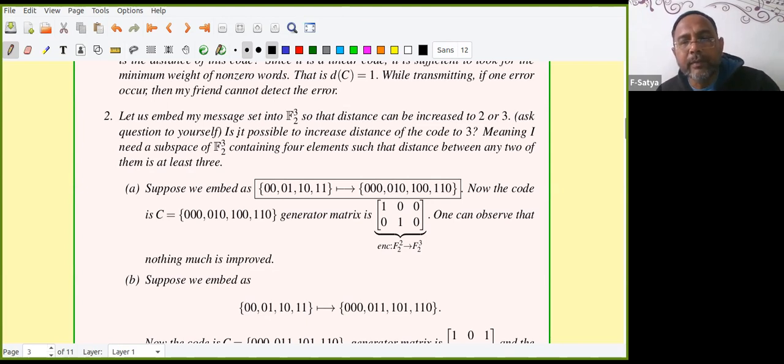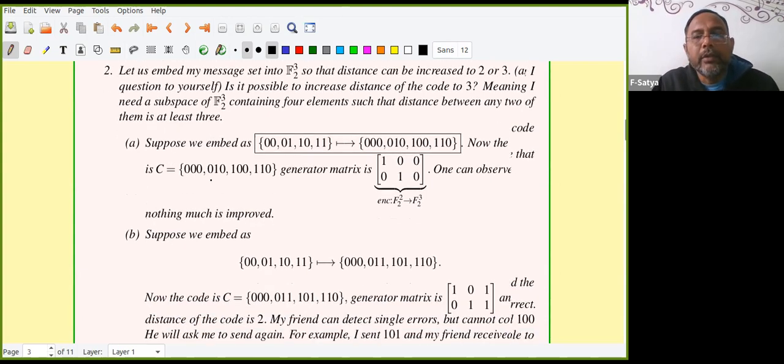But I have to send 4 symbols 00, 01, 10, 11, so I cannot send them to only those 2, since it is a one-one map. So it is not possible to increase the distance of the code to 3. Even if the map is not one-one, then automatically the distance is 0. Meaning I need a subspace of F_2^3 containing 4 elements such that the distance between any two of them is at least 3.